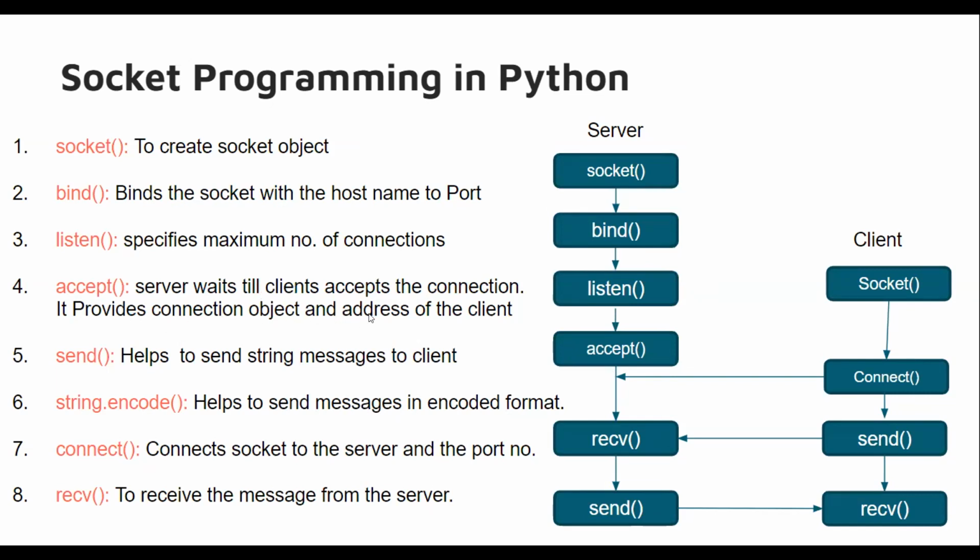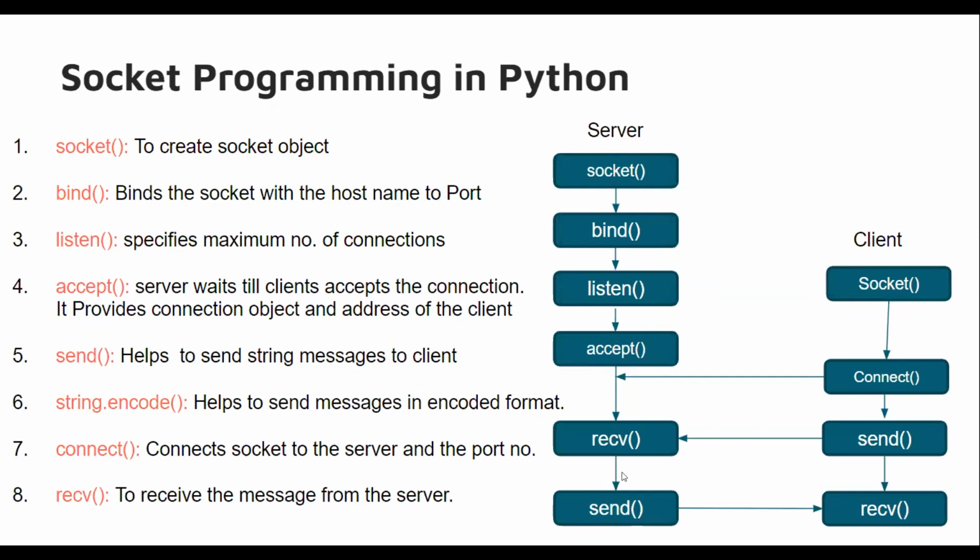It provides the connection object and the address of the client. As in database management, we establish a connection between the database and the front end, here we are establishing a connection between the server and the client.